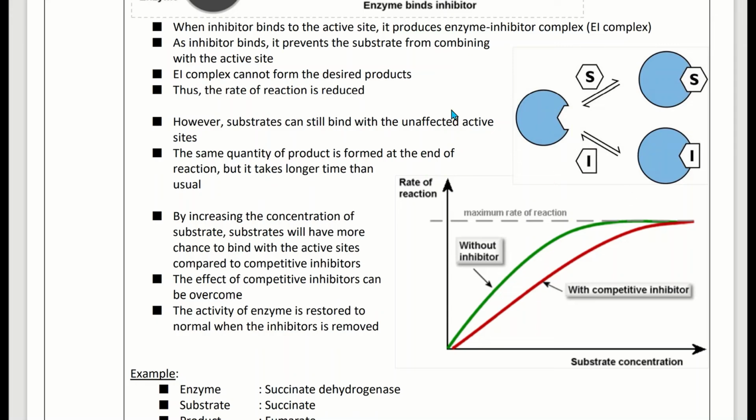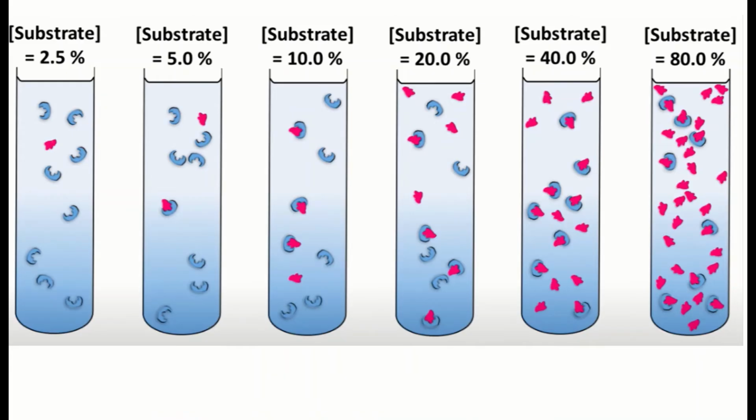Okay, so cara kita nak overcome macam mana? Cara kita nak overcome is you boleh tambah substrate concentration. Okay, by increasing concentration of substrate will have more chance to bind with the active site compared to competitive inhibitor. Okay, so let's say kalau kat sini ada dua inhibitor.